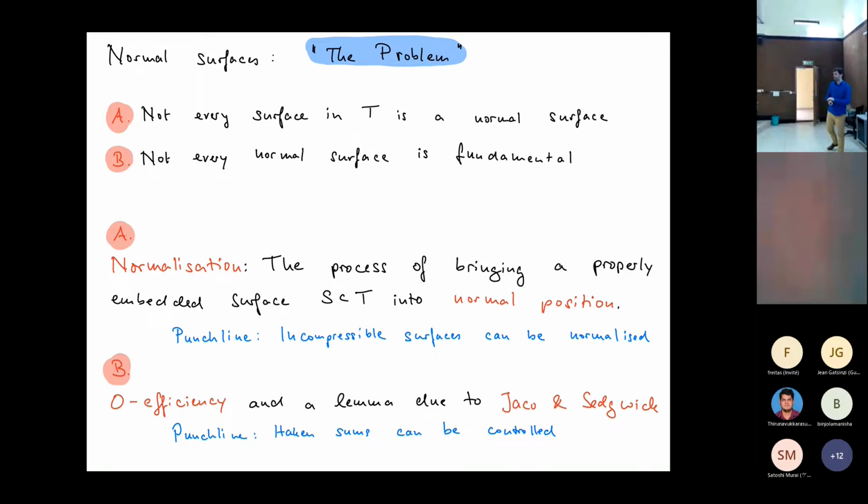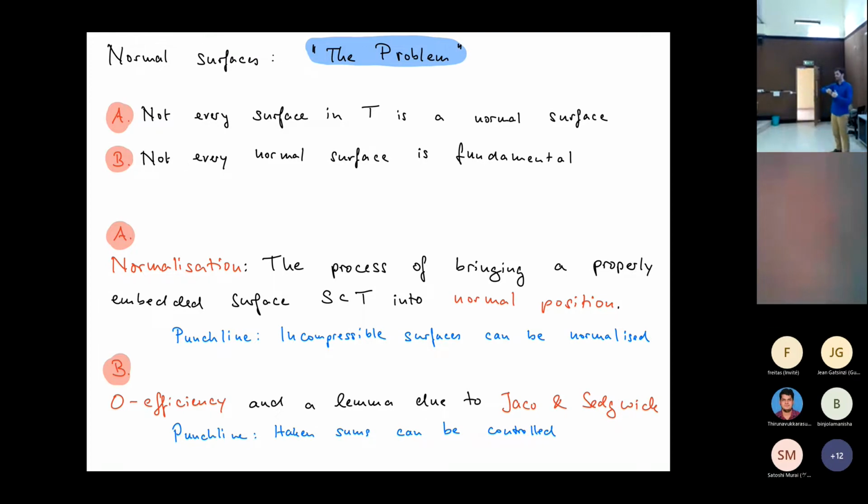All right. So what's the problem with normal surface theory? So far, I told you that there is kind of a finite description of all surfaces in a manifold that can be presented as normal surfaces. So the first problem here is that not every surface in T can be written as a normal surface, right? Just think of a little sphere that is bounding a 3-ball inside a, well, that's maybe a bad example, but think of a Heegaard surface, right?